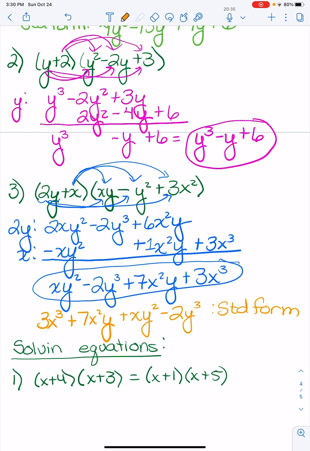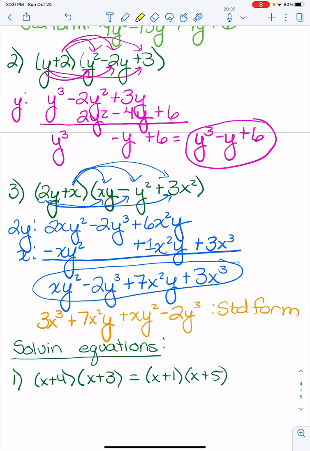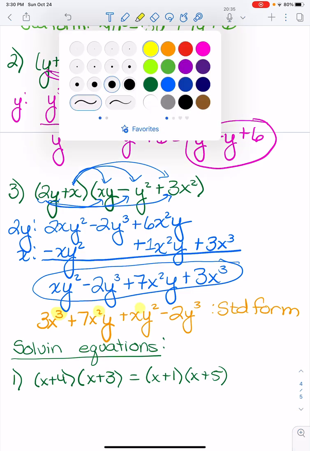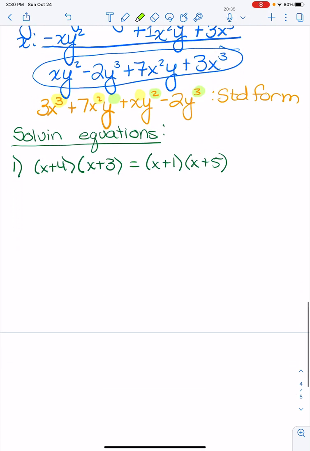My x's, this is kind of cool. My x powers descend while my y powers ascend. Kind of fun.